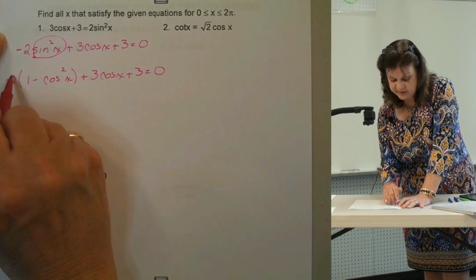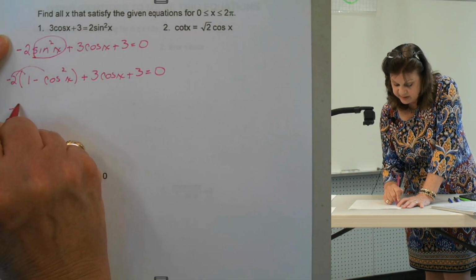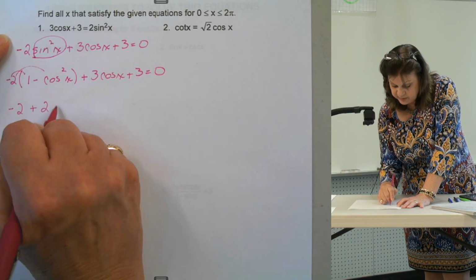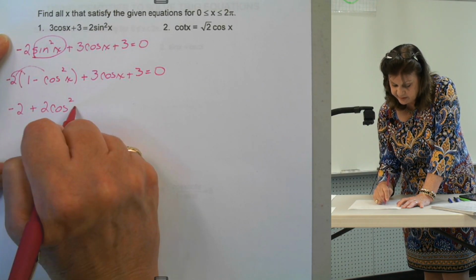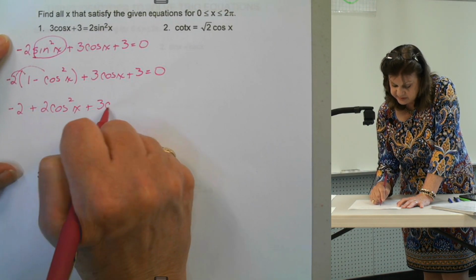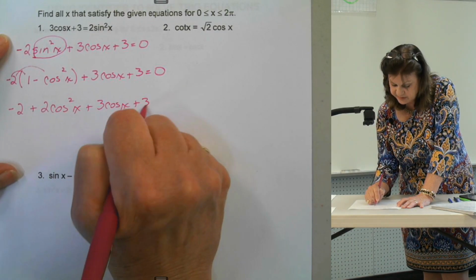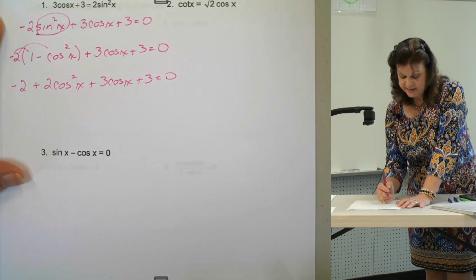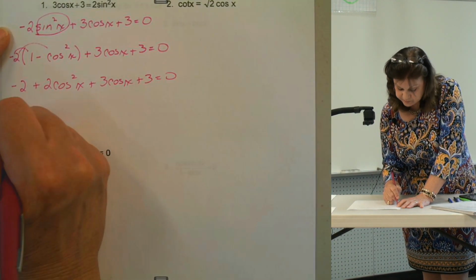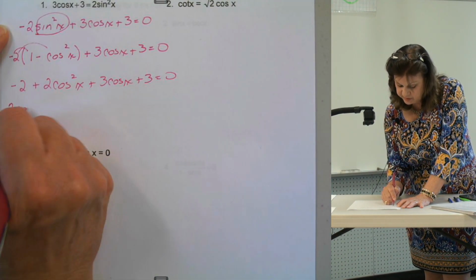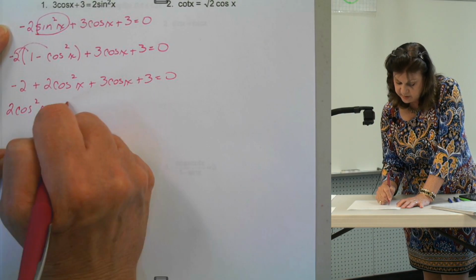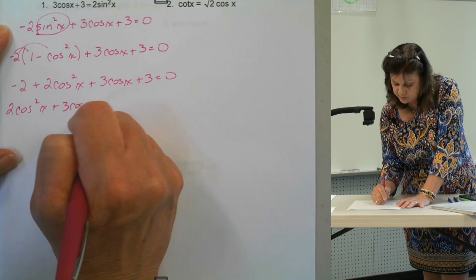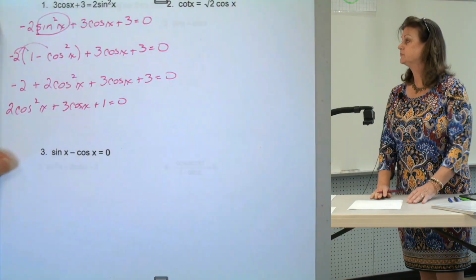So let's distribute the negative 2. So I've got negative 2 plus 2 cosine squared plus 3 cosine plus 3 is 0. And put our like terms together. I've got 2 cosine squared plus 3 cosine plus 1 is 0.